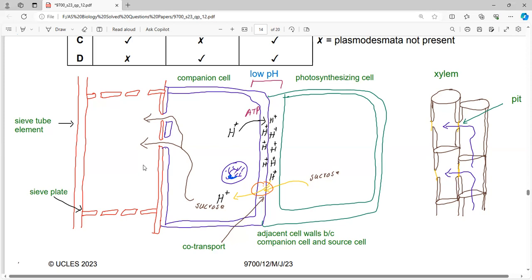The concentration of hydrogen ions is increasing in the cell wall between the photosynthesizing cell, or you can say the source cell, and the companion cell. So the pH value is decreasing in this region of the cell wall. So the correct option will be that the pH value is decreasing in the cell wall.